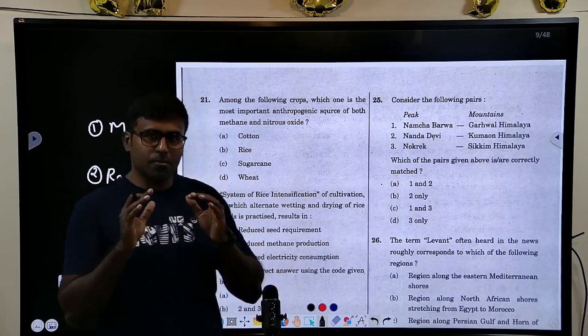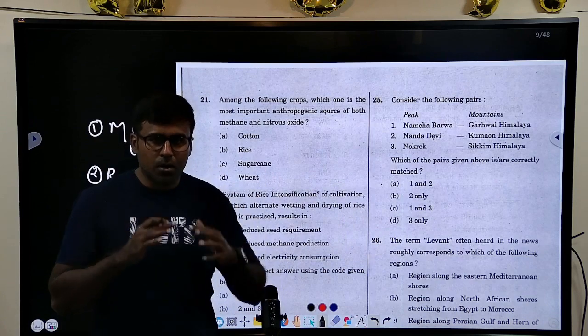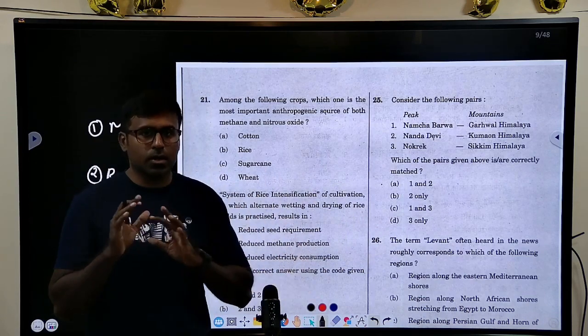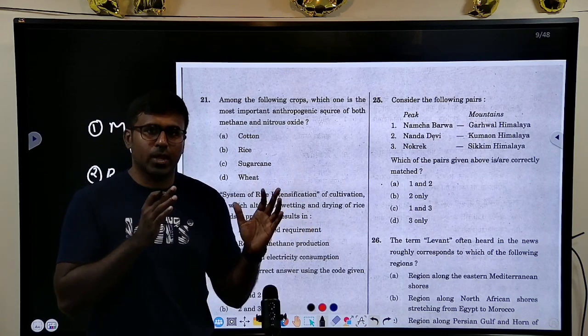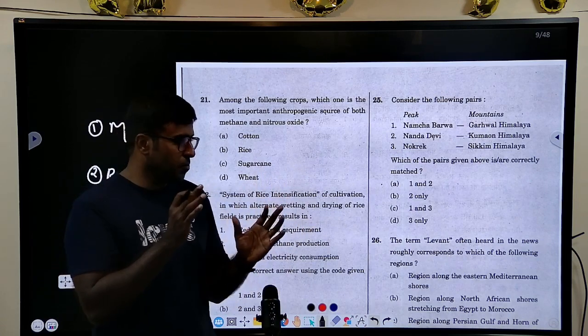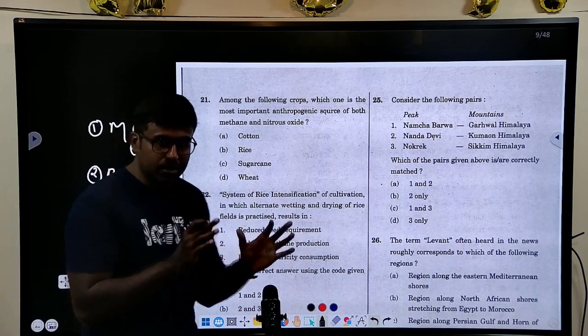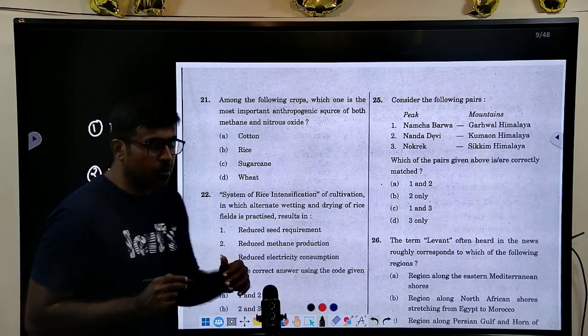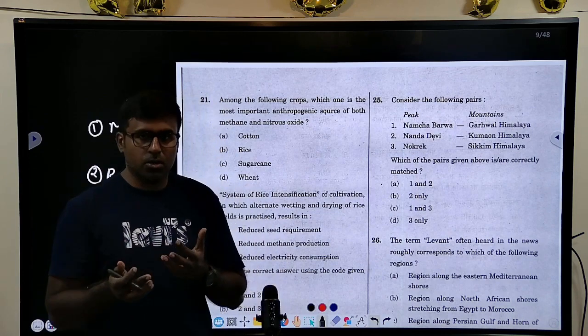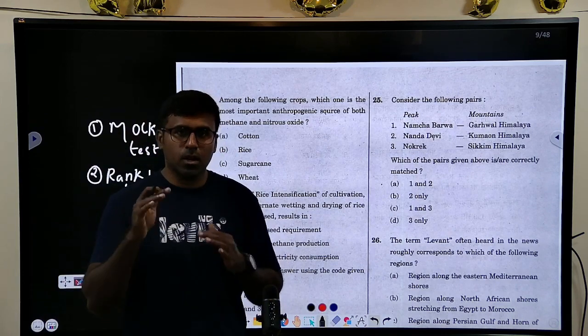So do not be bogged down, do not get low, or think that okay, I'm not doing well here, I will not be able to do well there. Don't think like that, because how much you are prepared is what you have to check by your rank. Many mock tests you are going to give in the coming days, so do not go low.